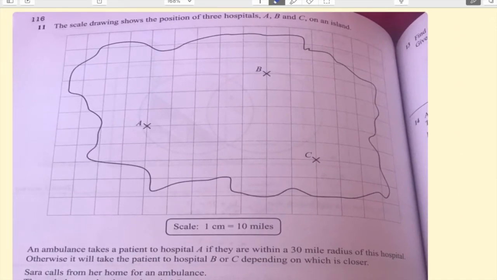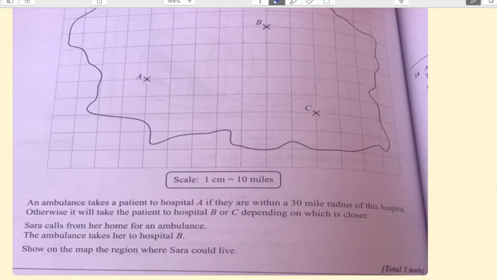So let's have a look at this loci question. It says, the scale drawing shows the position of 3 hospitals A, B, and C on an island. It gives us a scale, and it says an ambulance takes a patient to hospital A if they are within a 30-mile radius of this hospital. Otherwise it will take the patient to hospital B or C depending on which is closer. Sarah calls from her home for an ambulance. The ambulance takes her to hospital B. Show on the map the region where Sarah lives.